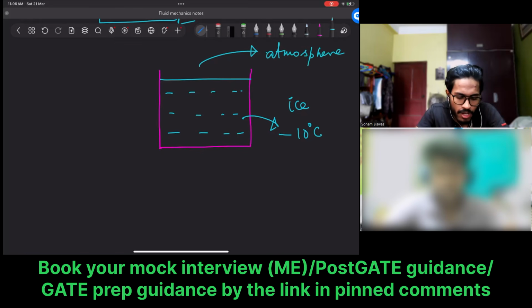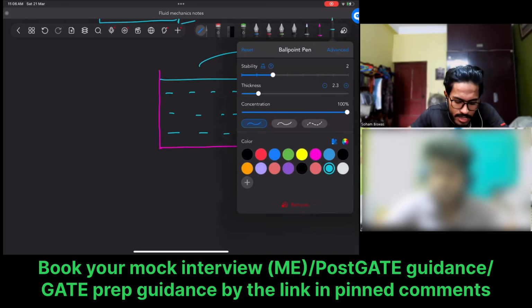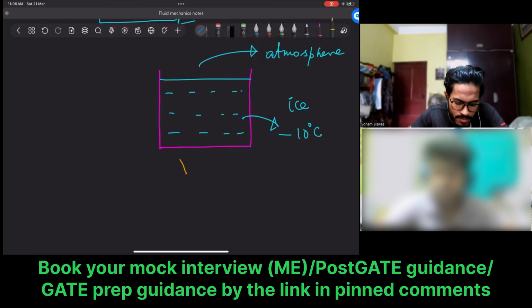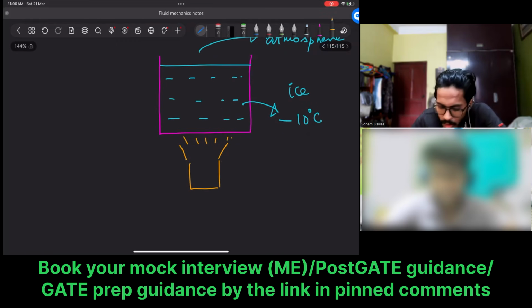And now you are heating it, right? So now first draw the variation of temperature with time.